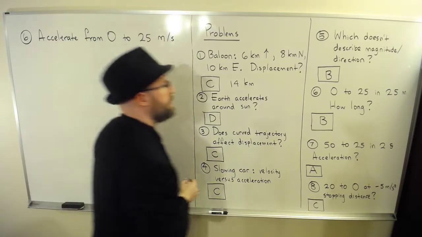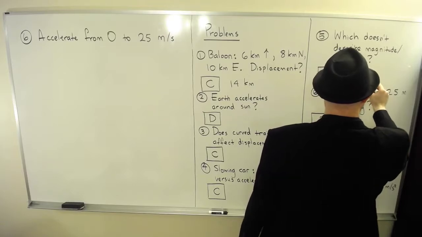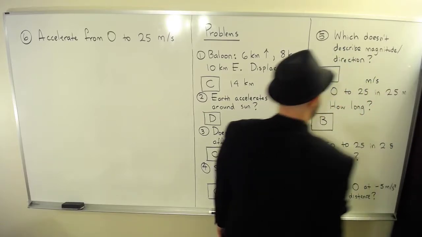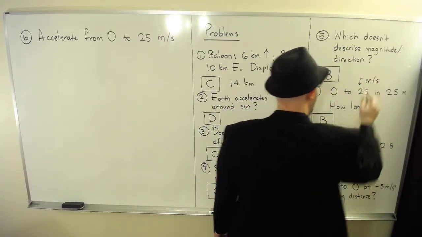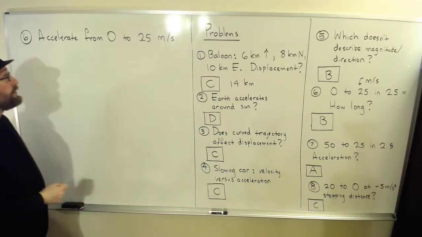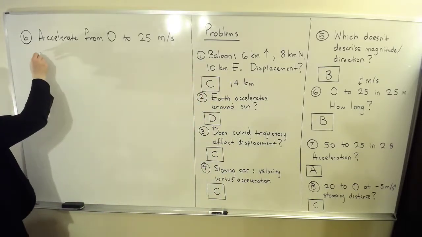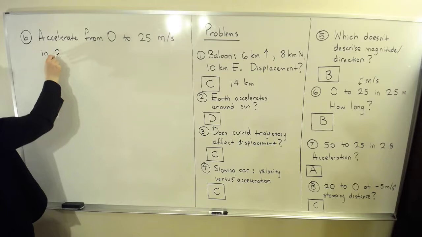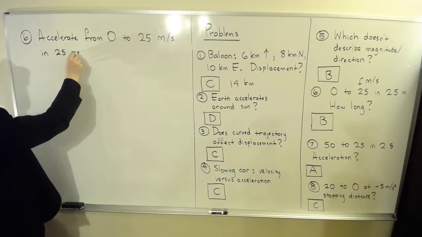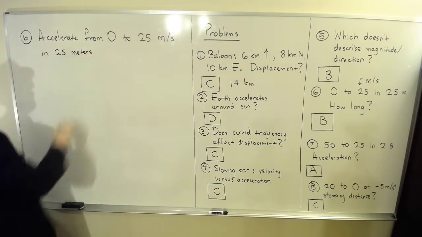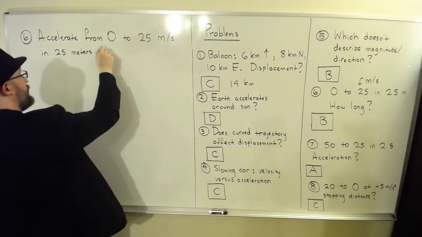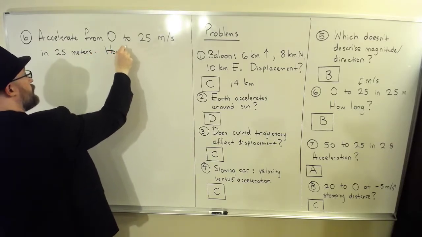That's the velocity here, so this is 25 meters per second. That's how fast you're going. In 25 meters, and the question is, how long does it take to do that?